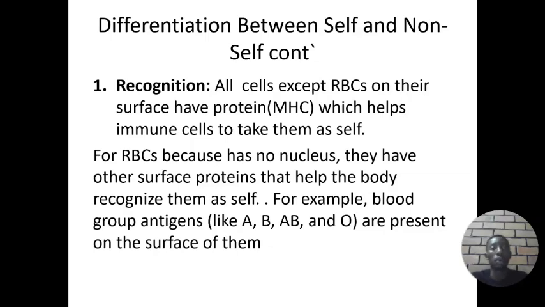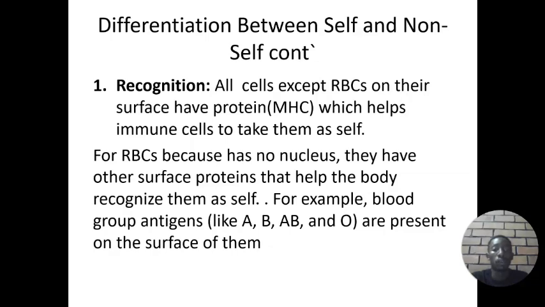The first is recognition. All cells of the body which have a nucleus have that molecule called MHC, which helps immune cells take them as self. You can ask yourself how red blood cells tell immune cells they are self.